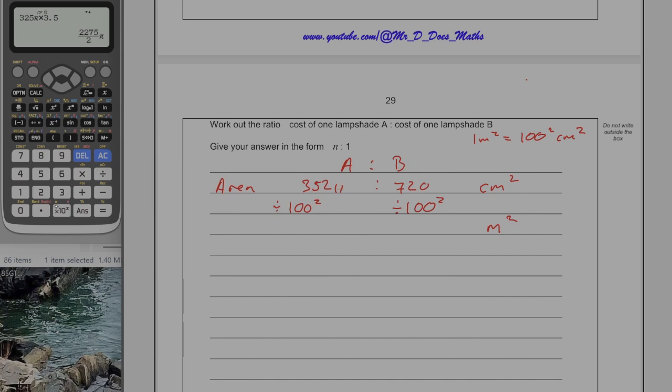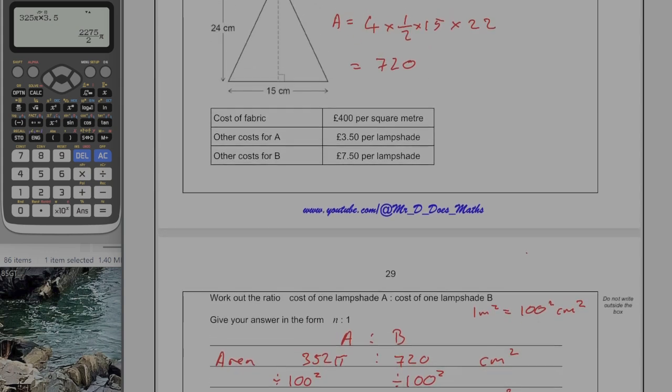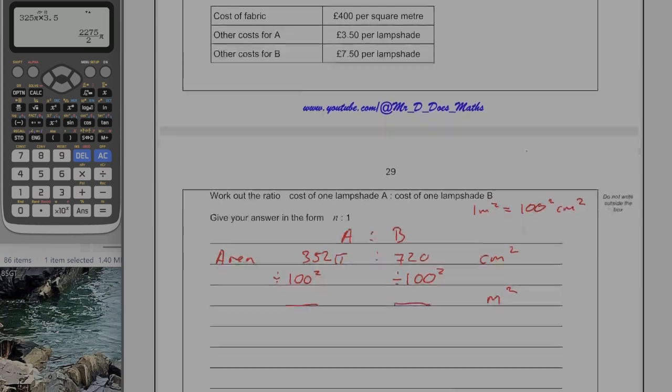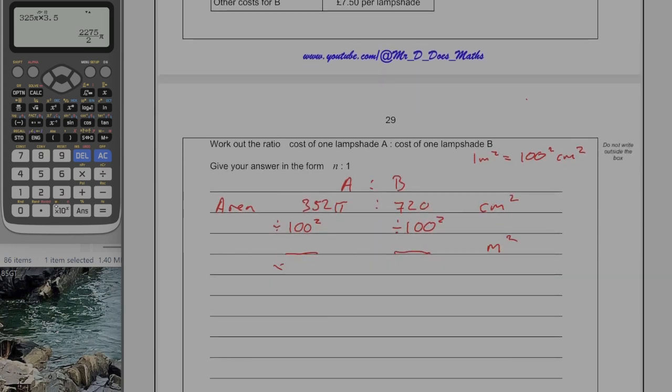So I'm not actually going to go decimal. What I'm going to do is carry on and say whatever this value is, to get the price, I'm then going to have to multiply by 400 for both of them, because that's the price of fabric per meter squared.